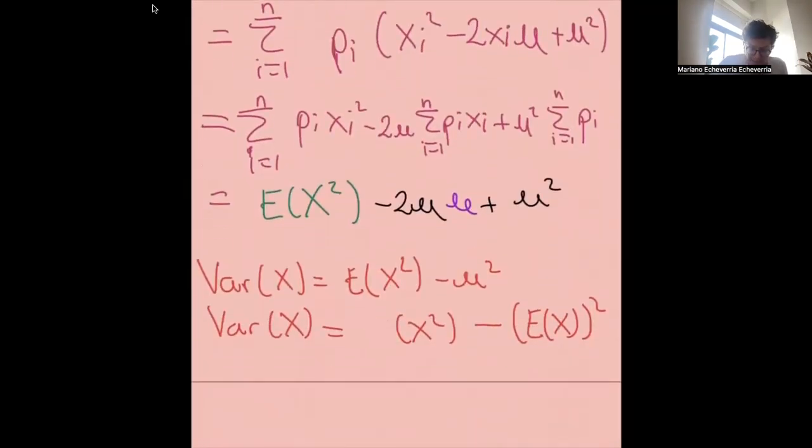In fact, if you just think about it in terms of the notation, this formula measures to what extent you can change the order of E with squaring. What this is saying is that you cannot always change them, you cannot pull out the square. And what measures the difference between the two orders for those operations is the variance. Is that making sense?